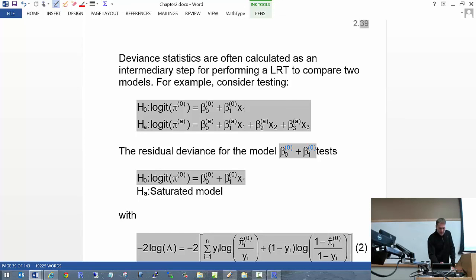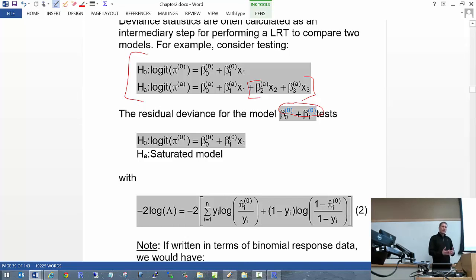So let's consider the situation where I have a null hypothesis model and an alternative hypothesis model. Notice the difference between the 2 models. One has 1 variable, one has 3 variables. Make sure you add the little superscripts in your notes on page 239. I unfortunately left them off.